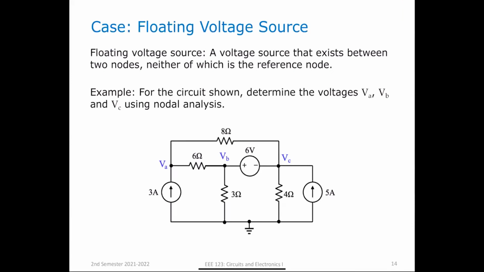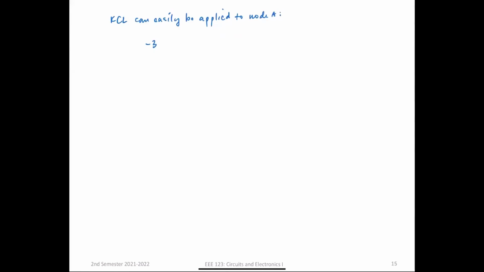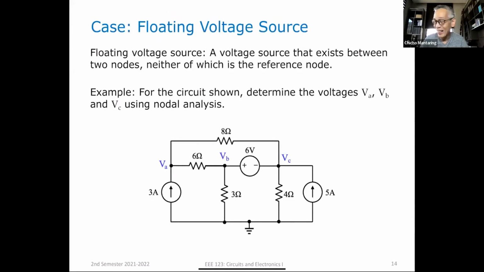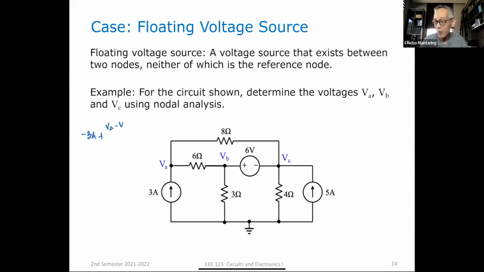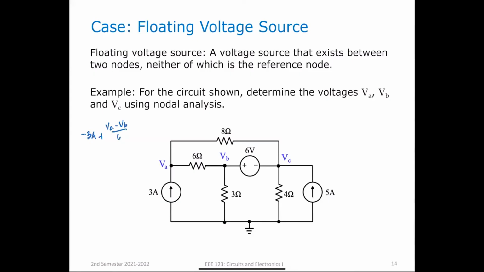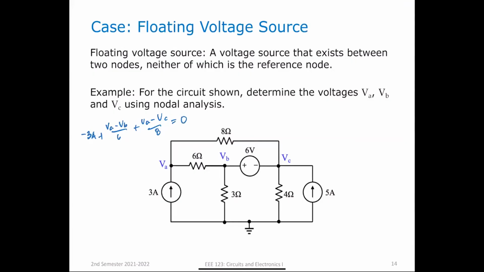Negative 3A plus VA minus VB all over 6 ohms, plus VA minus VB over 6 ohms, plus VA minus VC all over 8 ohms, minus VC over 8 is equal to 0. Don't forget that.